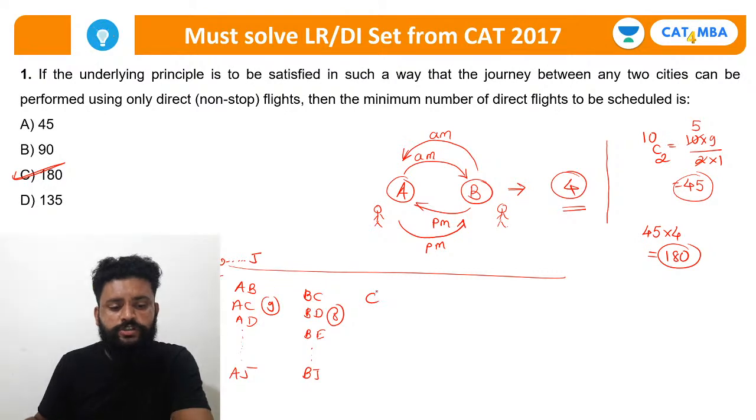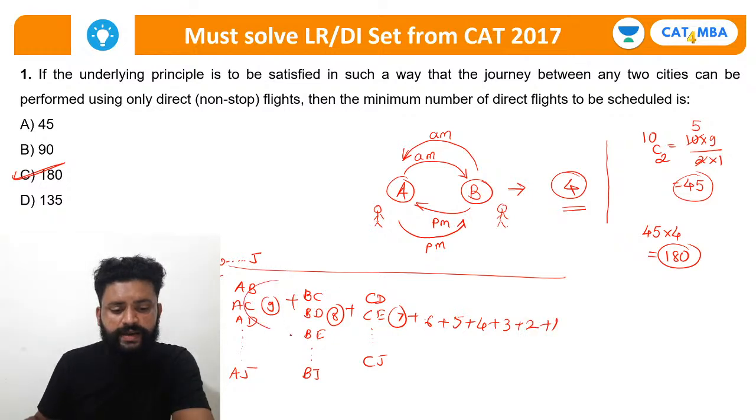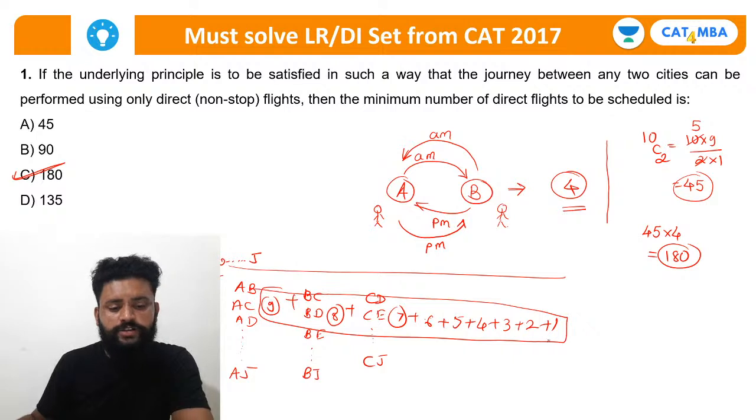Then you can start with C. CA and CB are already done. CD, CE till CJ. We'll have 7 such combinations. Add all these combinations, it should be 9 plus 8 plus 7 plus 6 plus 5 plus 4 plus 3 plus 2 plus 1, which is 45. For any two cities we need 4 flights, so 45 into 4, answer is 180.